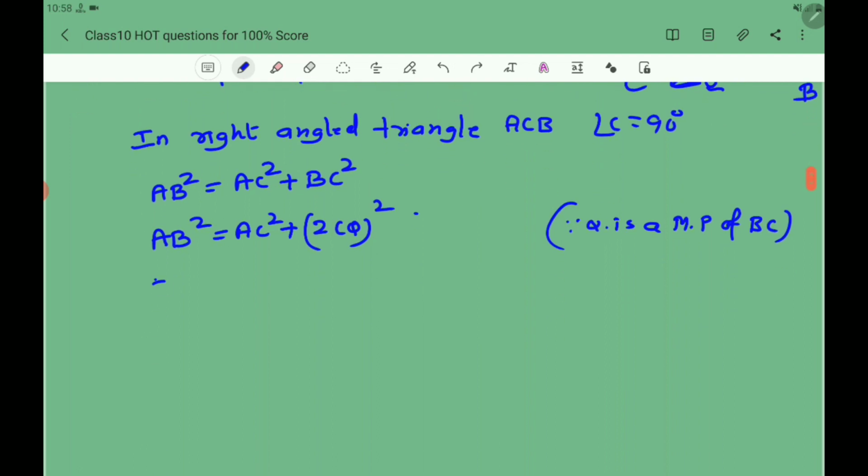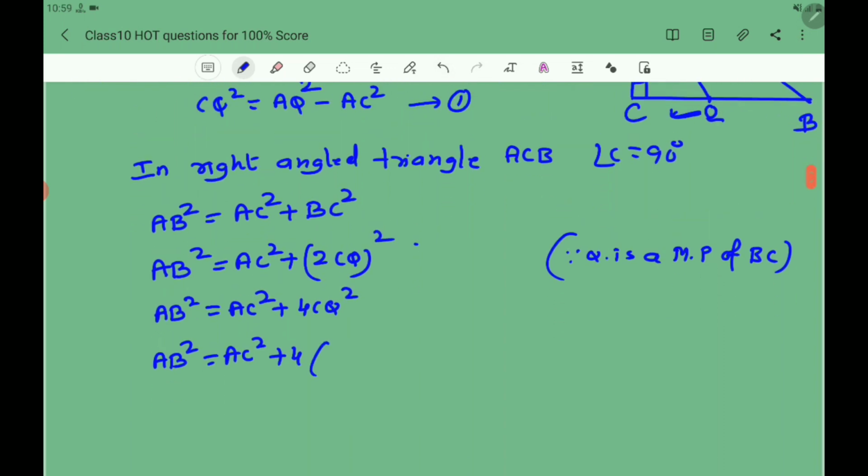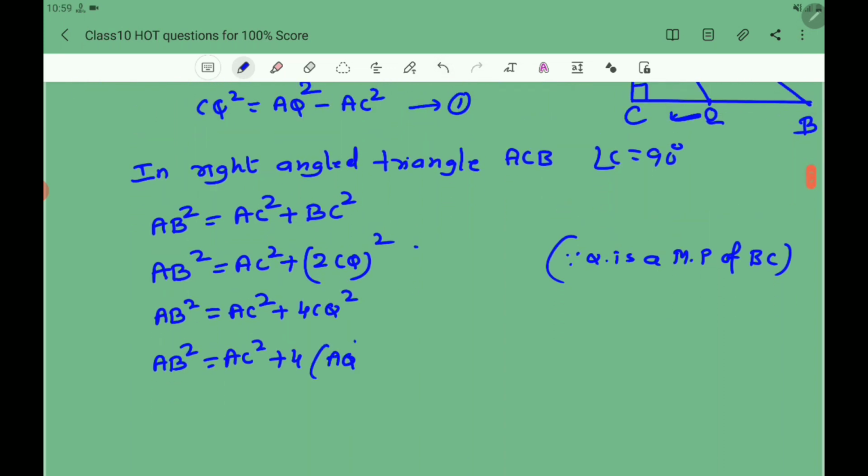Then you write AB square equals AC square plus 2CQ whole square, which is 4CQ square. Then AB square equals AC square plus 4CQ square, which can be written as AQ square minus AC square, that is from first.